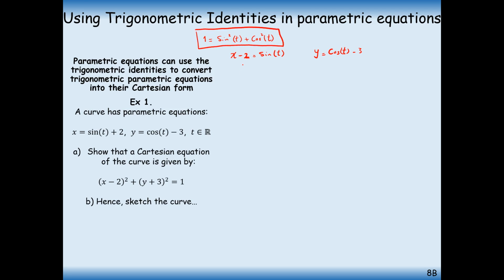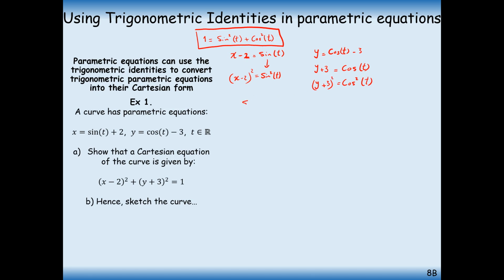So how can we use this famous identity that I'm putting in a rectangle here? We can square both sides of this equation, so we'll have sine squared t equal to x minus 2 squared, and we can have y plus 3 equal to cos t, and squaring both sides gives us y plus 3 squared.